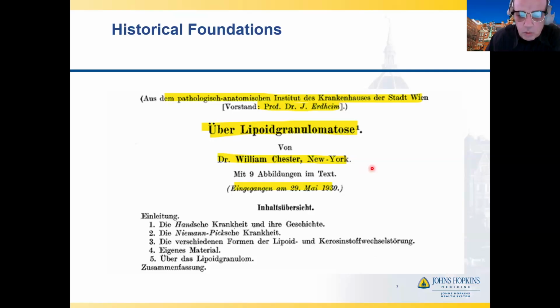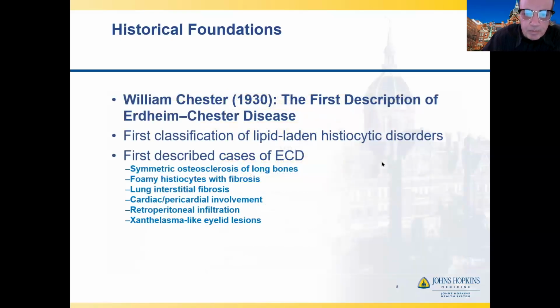And he did work with Dr. Erdheim. Erdheim was another pathologist, but was in Vienna, and he was the director of this municipal hospital in Vienna, Austria. He went to Austria and he started to look at those cases, and, as I said, described these lipoid granulomatosis.